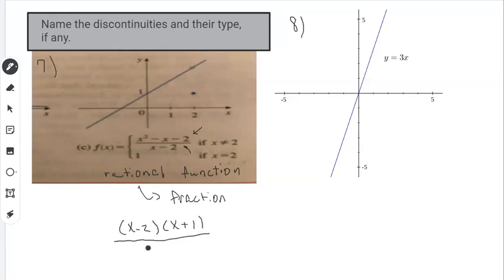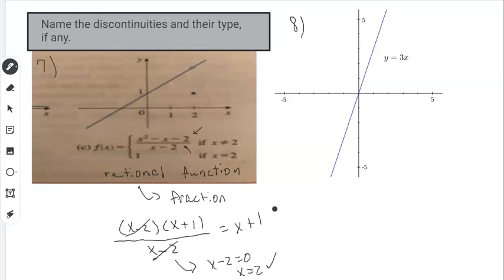On the bottom of the fraction, you have x minus 2, right? So the top and the bottom are going to cancel out. This and this are going to cancel, leaving you with x plus 1 with a discontinuity at the removed factor. So the removed factor was x minus 2. If we set that equal to 0, we'll figure out that x equals 2. That is the location of the discontinuity.